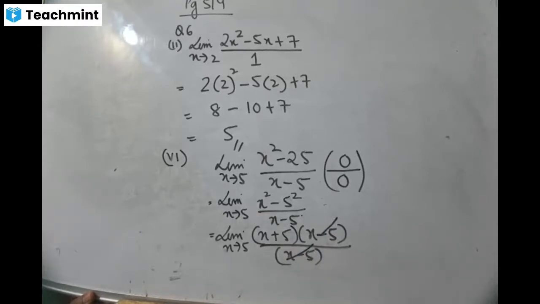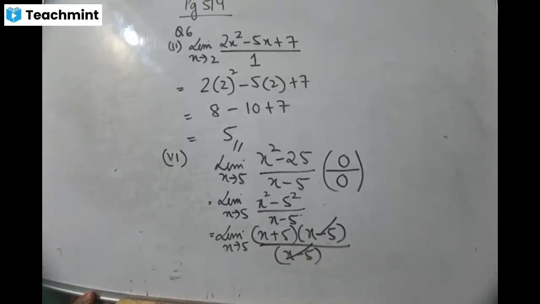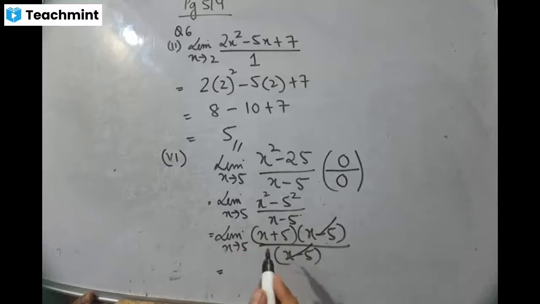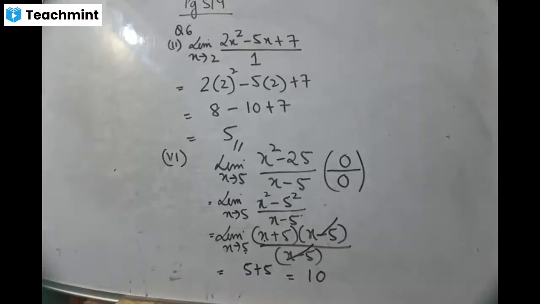Now, once you have cancelled that, you can easily see that the denominator cannot be equal to 0, because the part which was making it 0 has cancelled out. So this reduces to case 1, where you simply have to put the value of x and remove the limit. What is the value of x? It is 5 plus 5, that is equal to 10. So the value of this limit is 10.